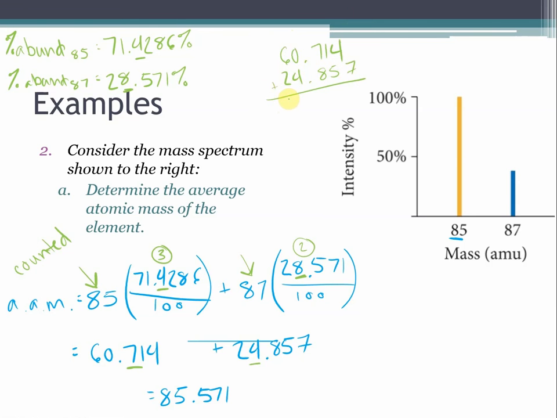That gave us 85.571, but our last significant place that we could fill was this ones place, the 4 right there. So we're going to have to cut our answer off behind the ones place. This 5 says to round up, and as our final answer, we will get 86 as our value. And then remember, your units of average atomic mass are AMU.